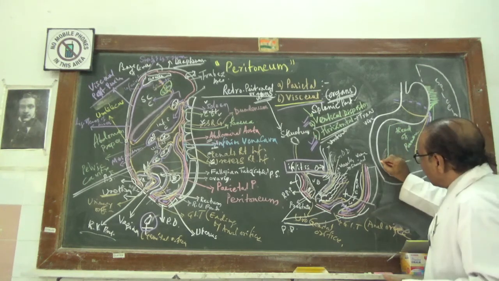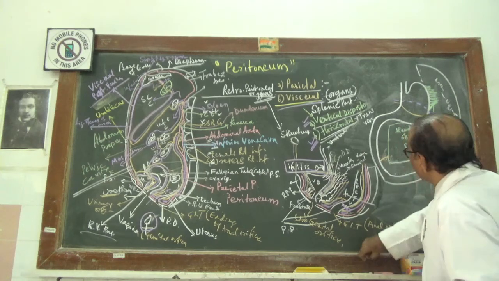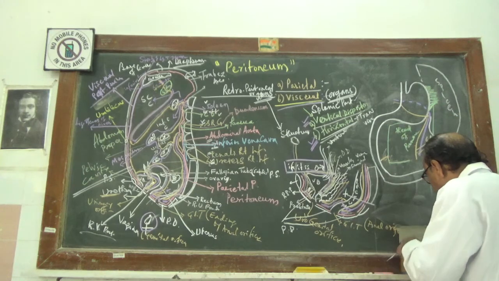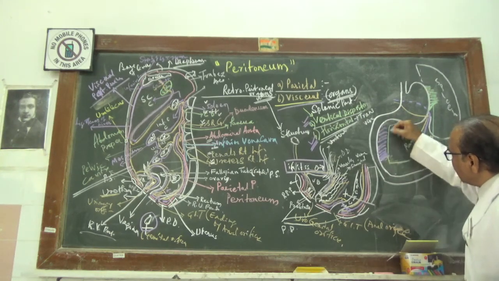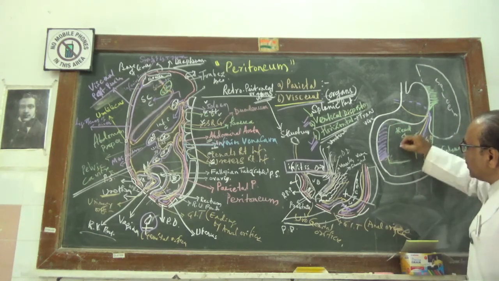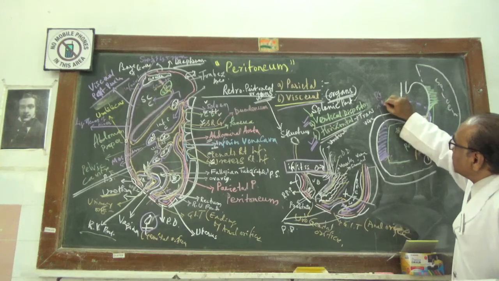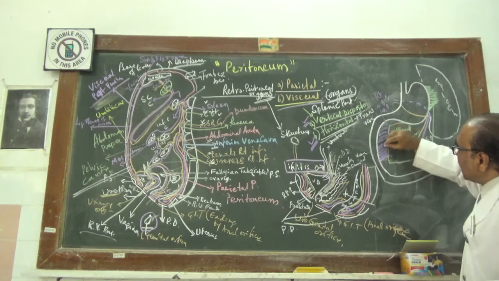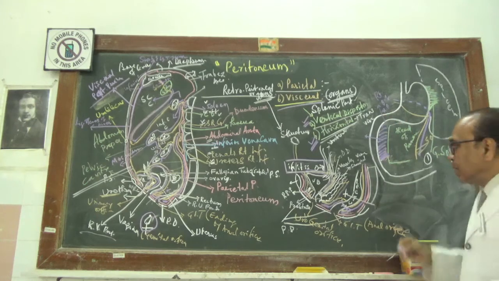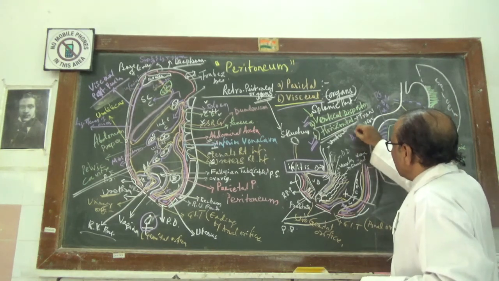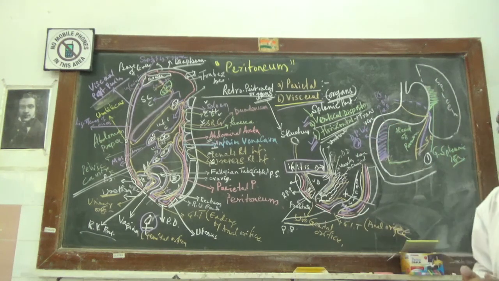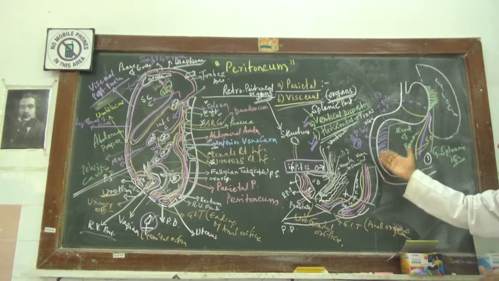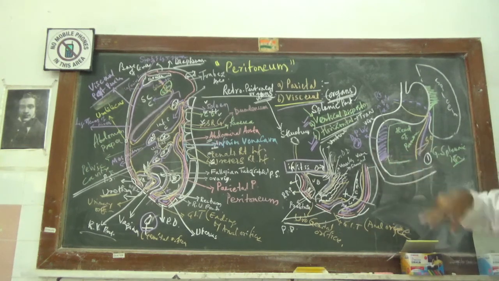Then from the medial surface of the second part of the duodenum, the visceral layer of the peritoneum attaches the second part of the duodenum to the head of the pancreas.